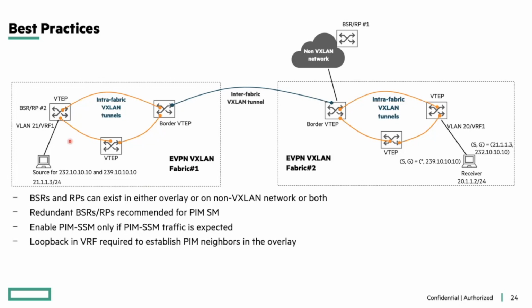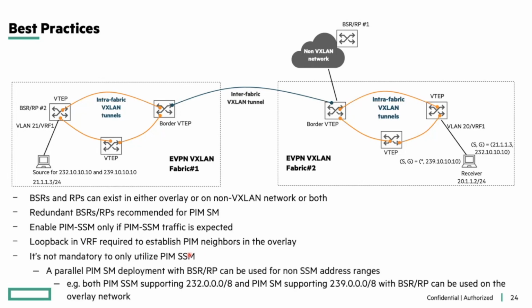Loopback in the VRF is required to establish PIM neighbors in the overlay. And it's not mandatory to only utilize PIM-SSM on the network. You can have a parallel PIM sparse mode deployment with the BSR-RPs for non-SSM ranges. So in this network, I support both the PIM-SSM 232 range and the PIM-SM 239 range, with the BSR and RP in the overlay.